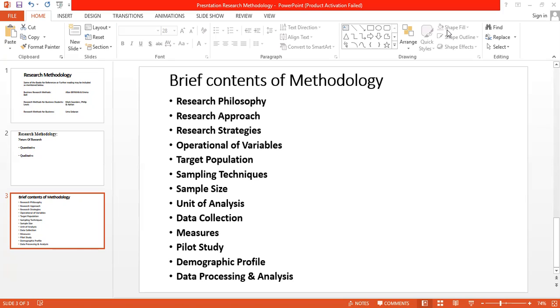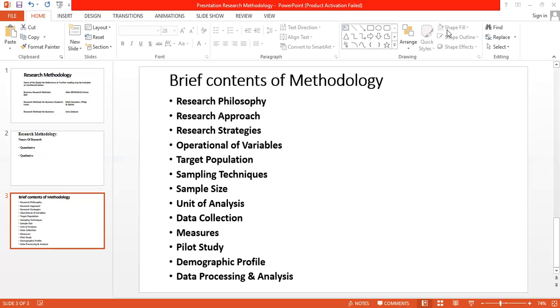Then is the target population, which means which people or population you have targeted. For example, if we want to collect hotel customer data, then we can say customers of 4-star, 3-star or 5-star hotels in Pakistan or in Punjab, in the population section.